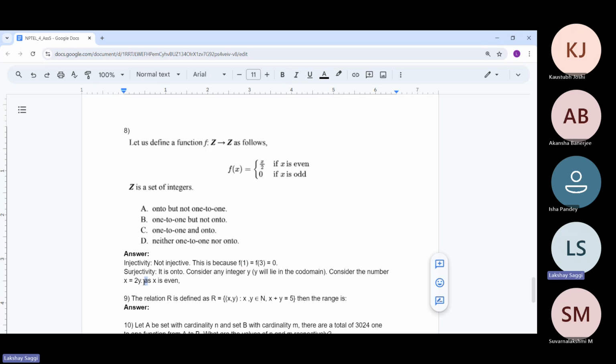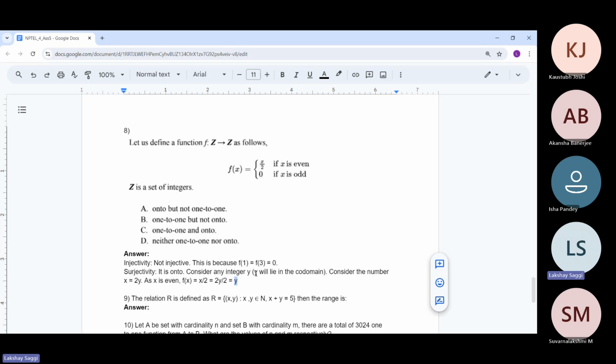So what this means is f of x will be equal to x by 2, and x was put in as 2y, so we will have it as equal to 2y by 2, which will be nothing but equal to y, right?